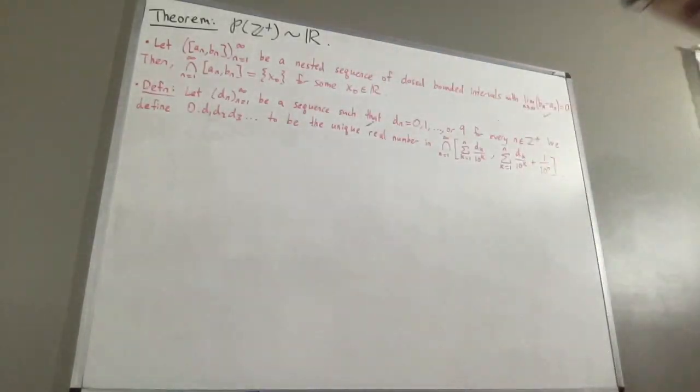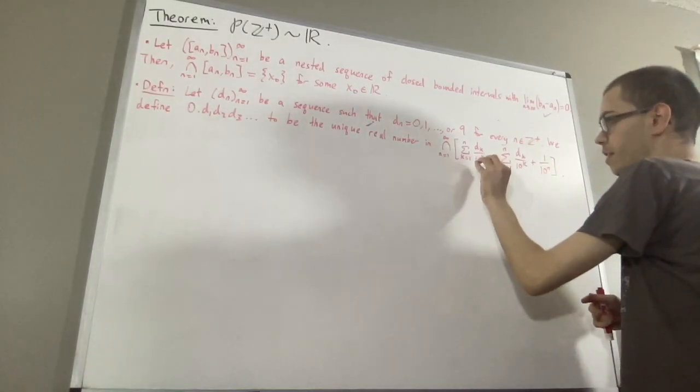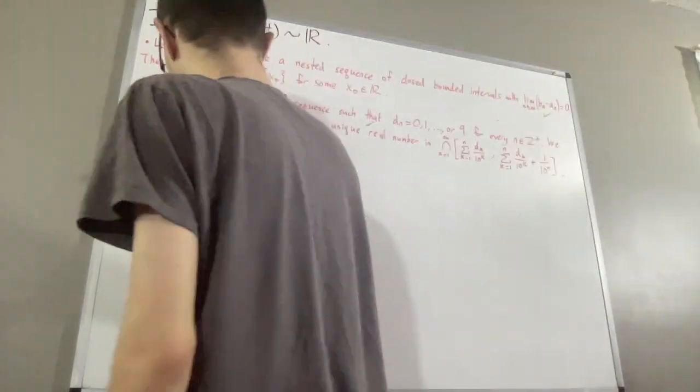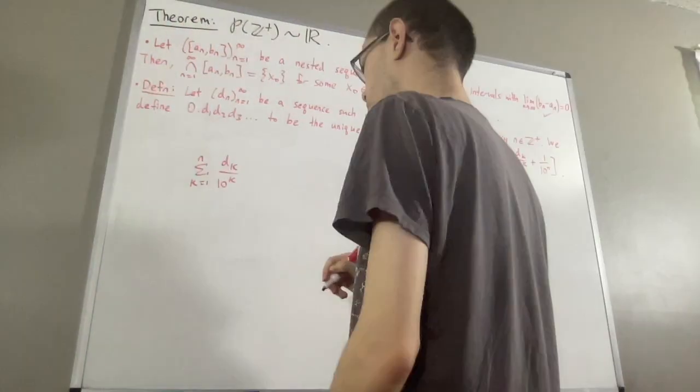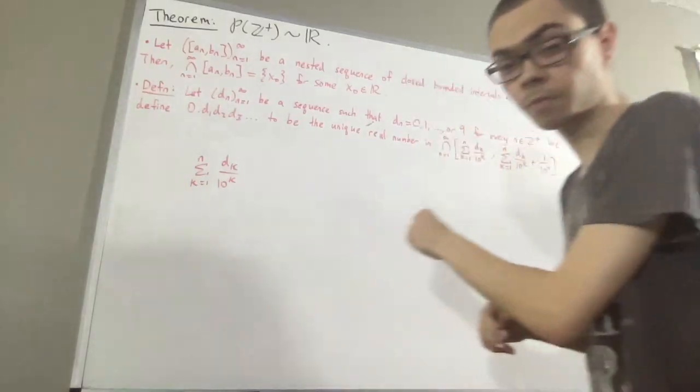So working with an arbitrary positive integer n, let's consider the left endpoint of the nth interval, which is this. Let's show that this is less than or equal to the left endpoint of the n plus 1th interval.